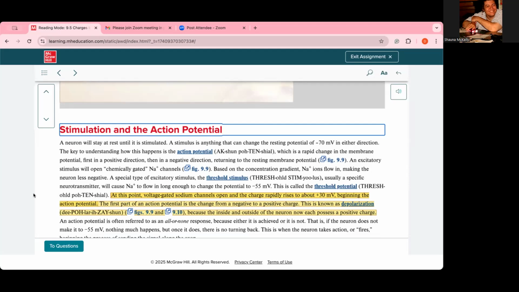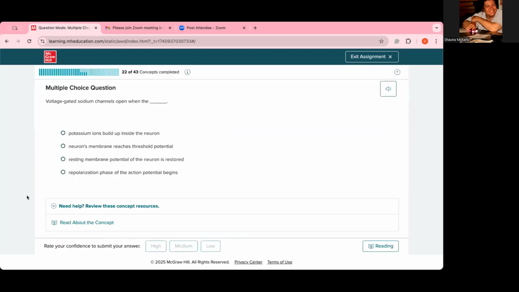Okay, so the voltage gates open when an excitatory stimulus happens with sodium channels. So let's take a look at the question again.